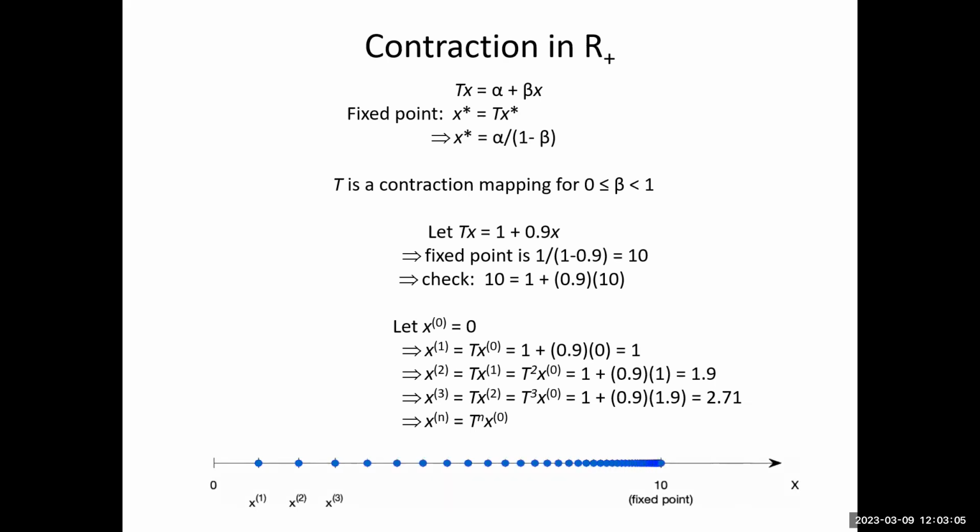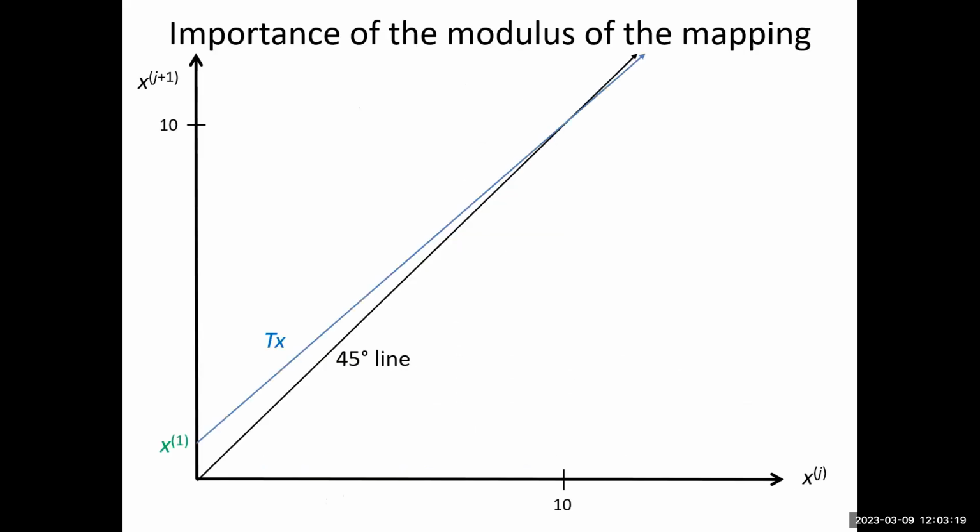Here is the entire iterative process from beginning to end. In our notation, beta is the modulus of the contraction mapping provided by the operator T.